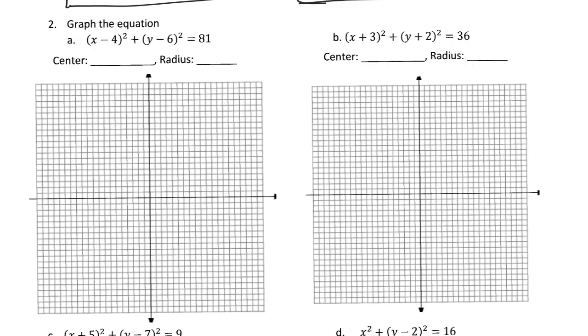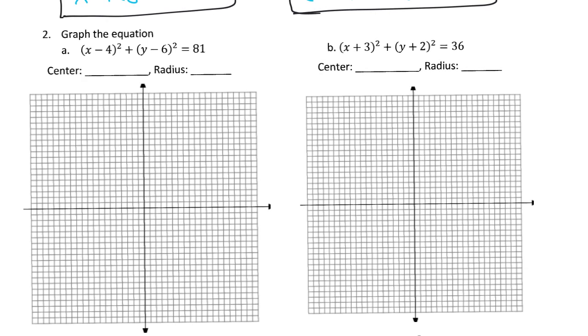The second page in your worksheet, you are given the equation, and from this equation, you will be pulling out information, which is your center and your radius. And as soon as you pull your center and your radius out, you will be able to draw the circle. The center of this equation, it's 4.